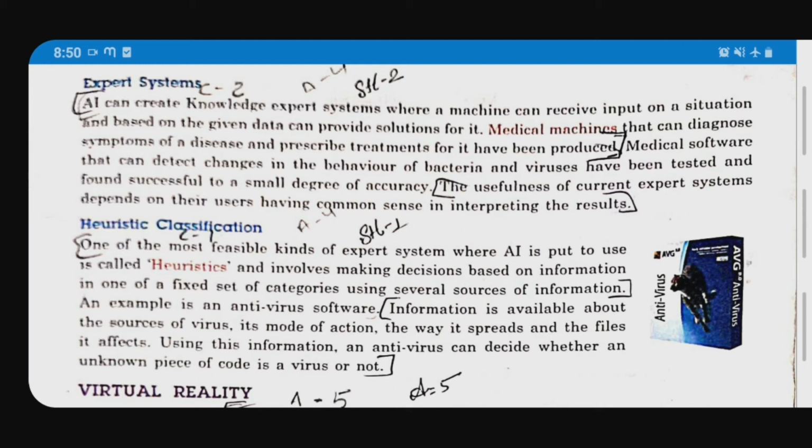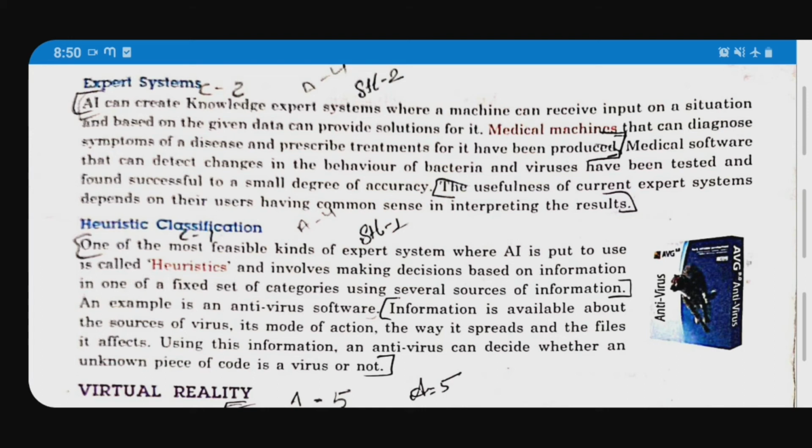An example is antivirus software. Information is available about the sources of a virus, its mode of action, the way it spreads, and the files it affects. Using this information, an antivirus can decide whether an unknown piece of code is a virus or not.